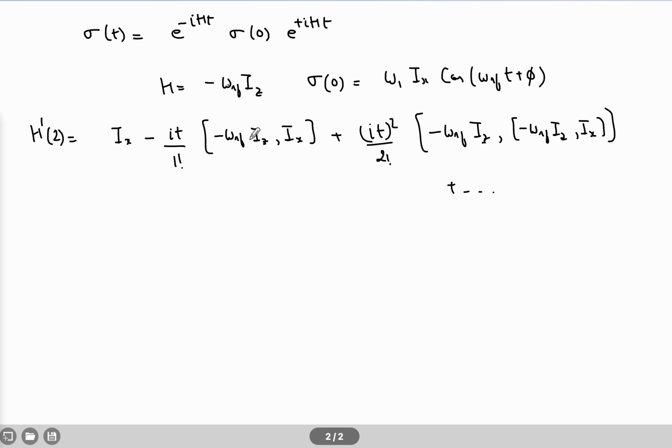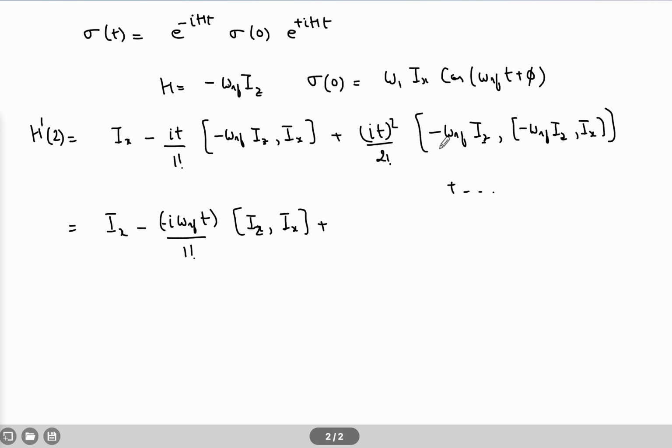Here I will take minus omega RF out, so this will simplify. If I take minus omega RF out, I will be left with minus omega RF t by 1 factorial, [Iz, Ix].